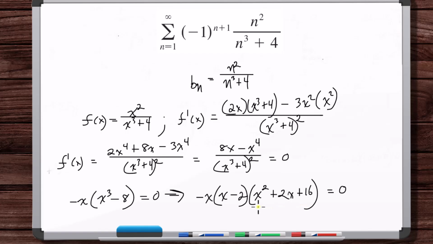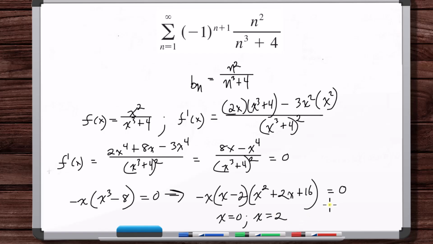I think this wouldn't result in real solutions if we look at the discriminant, so the only real solutions here are x equals 0 and x equals 2.